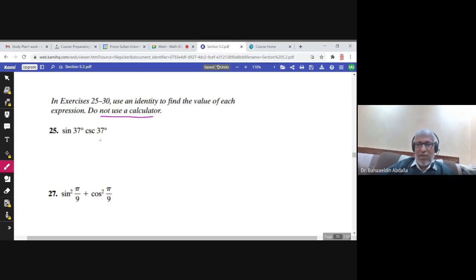Sine 37 times cosecant 37. Without using a calculator, this is 1. Why? Because cosecant 37 equals 1 over sine 37, and if you multiply sine 37 times 1 over sine 37, sine 37 will cancel with sine 37, and the answer is 1.